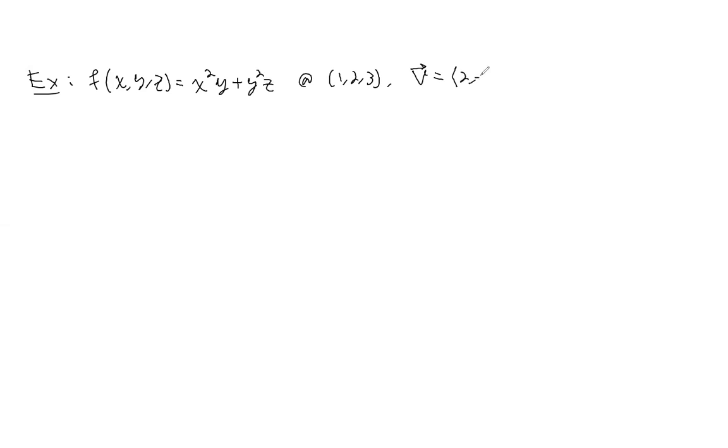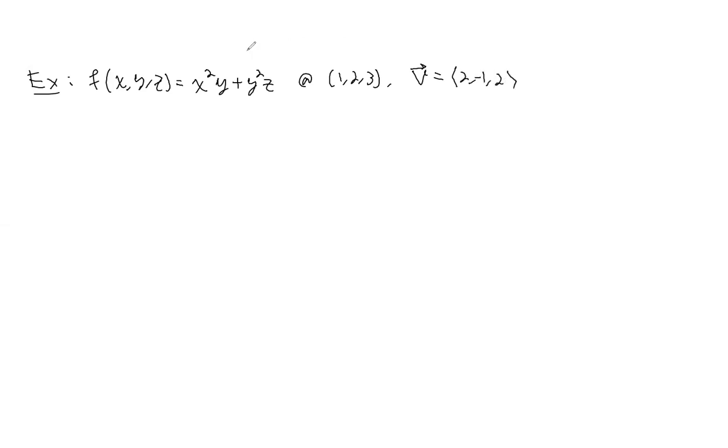Let's do another example. We can do this in three variables also. Let's look at f(x, y, z), which is going to be x squared y plus y squared z, at the point (1, 2, 3), in the direction v given by (2, -1, 2).